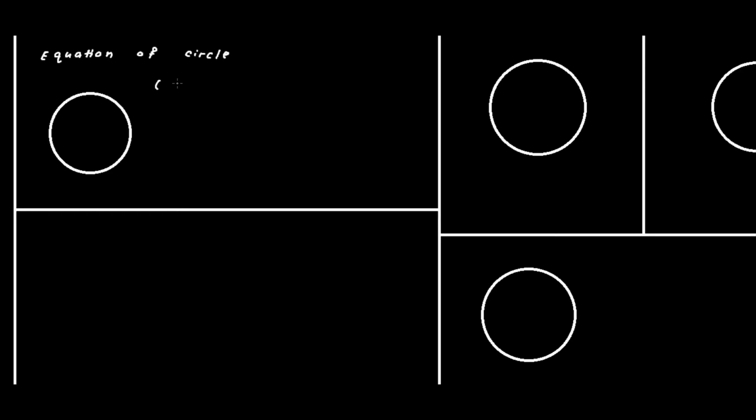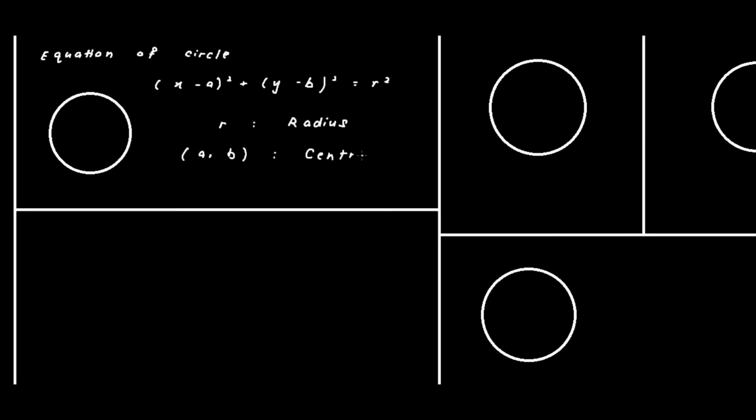The equation of circle is in the form of (x minus a) squared plus (y minus b) squared equals r squared. Sorry, I have two a here, it should be a and b. r is just the radius, and a and b will be your center.